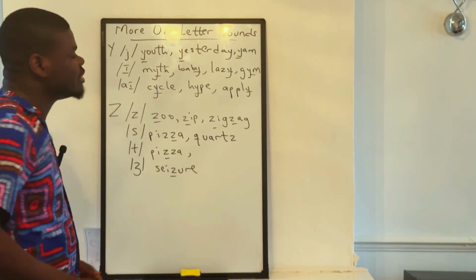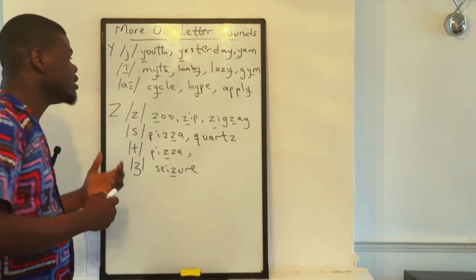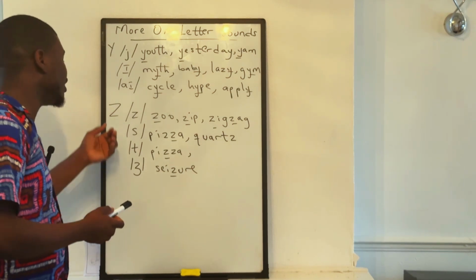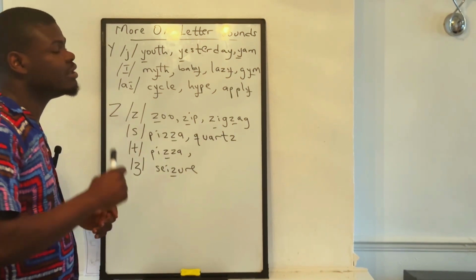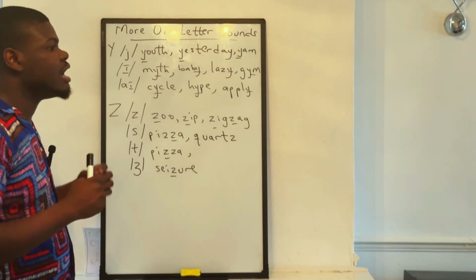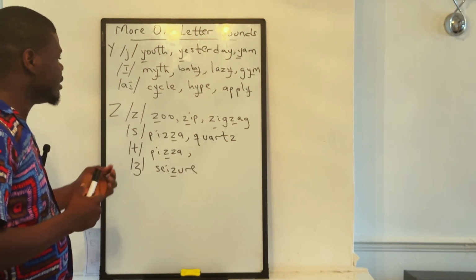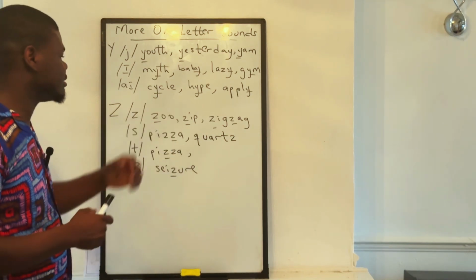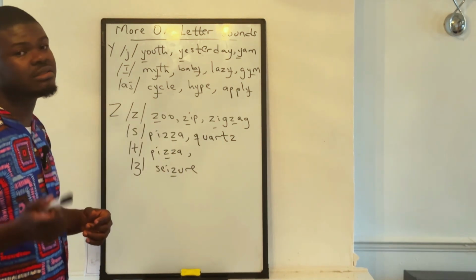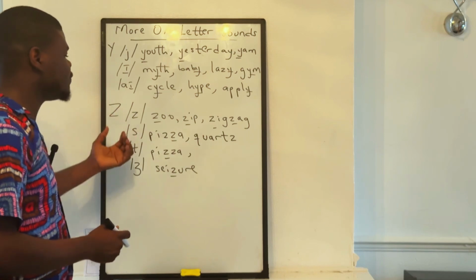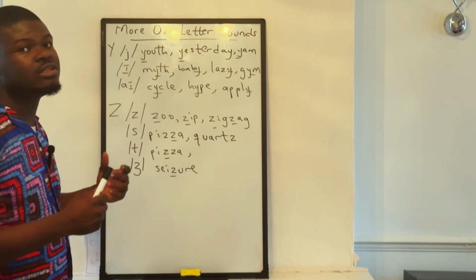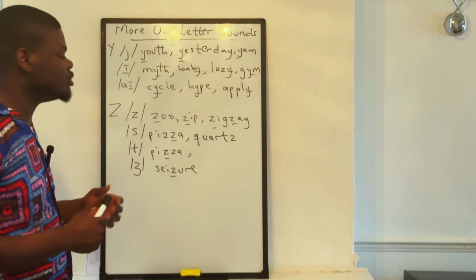And letter Z is the last one, and it gives us the sound Z, as in zoo, zip, zigzag, zany, etc. Letter Z can also give us the sound S, as in pizza. So the second Z in the word pizza is S, and then quartz. It can also give us the sound T, as in the first Z in the word pizza. And finally, it can give us the sound J, as in siege.